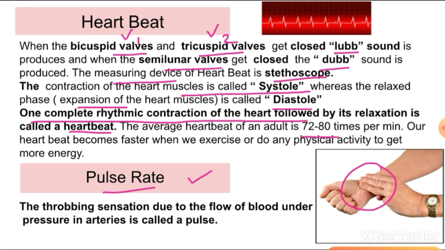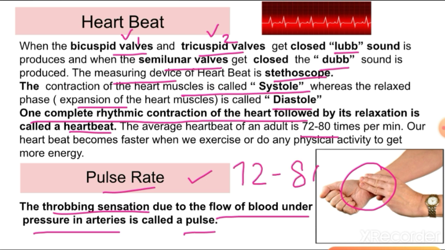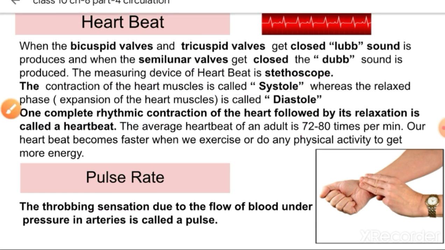So we have some sites in our body where we can experience the throbbing of arteries. That throbbing sensation due to the flow of blood under high pressure in arteries is called pulse. And that pulse should also be 72 to 80 times per minute, because we are actually measuring the heartbeat through the pulse rate.